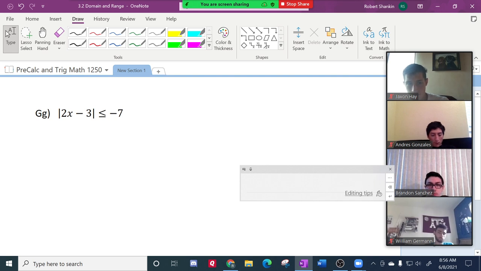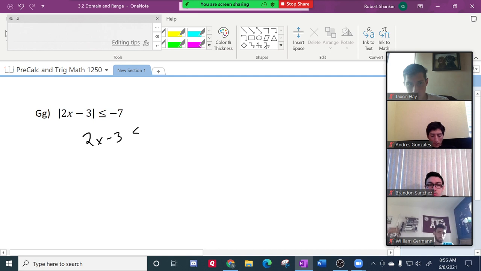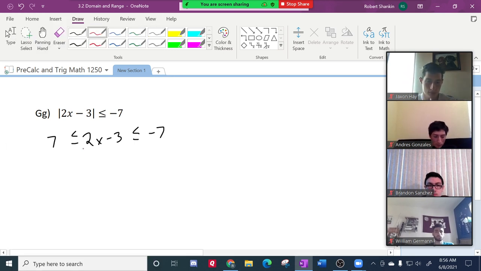Alright, my first instinct would be to just follow the procedure. If that was a y, I would do 2x minus 3 between this and this. This on one side, the negative of that on the other side. But that is all nonsense.